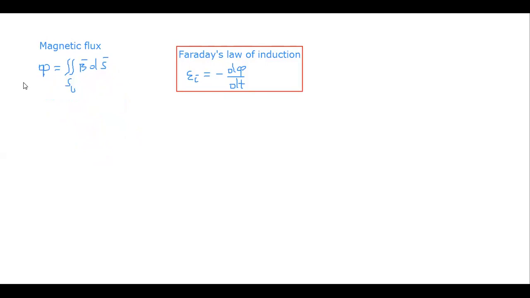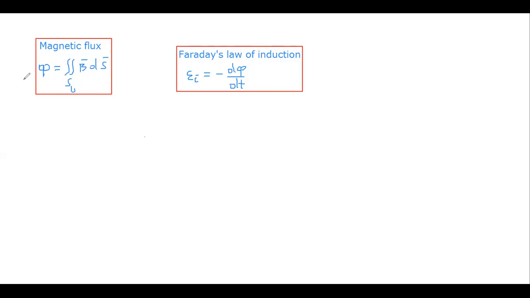And it is necessary to say that there are special units for magnetic flux. These units are Webers.